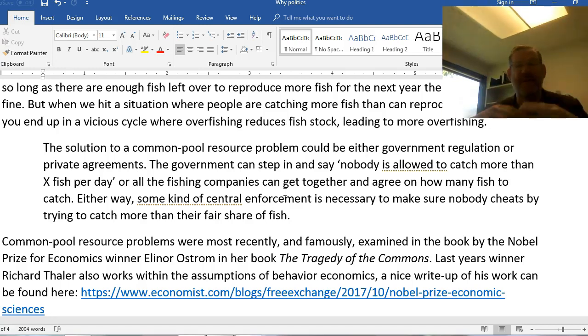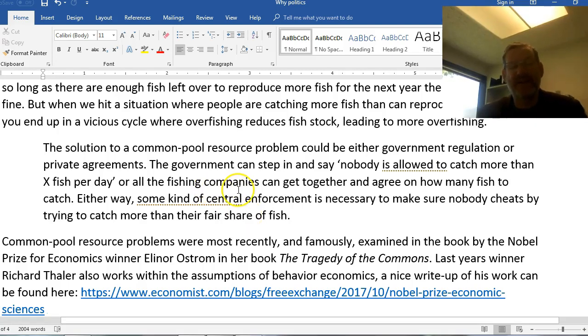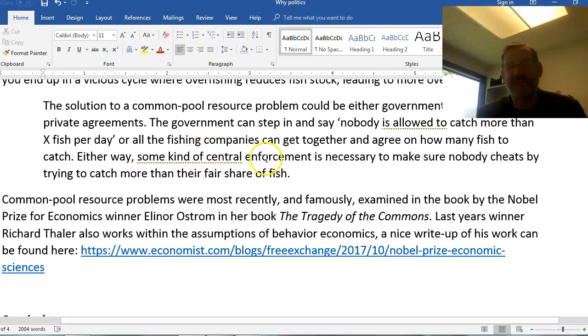So they can just get together, make a private agreement. We all agree to only catch this many fish per day, because by doing that, we leave enough left over for next year and we can come back and all fish again next year. Okay? Either way, some kind of central enforcement is necessary to make sure nobody cheats by trying to catch more than their fair share of fish.